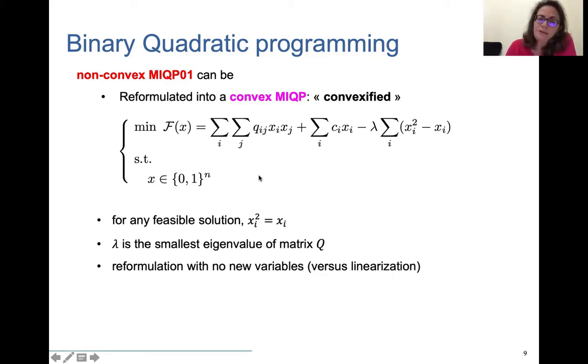This can be done just by putting lambda equal to the smallest eigenvalue of your initial matrix Q. So this quadratic reformulation is very easy, and it uses only the initial variables of the problem, so the x variables.